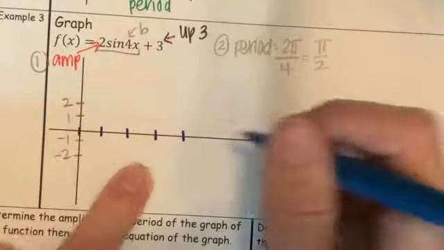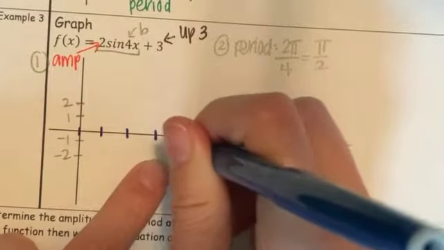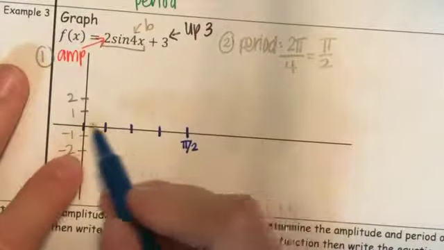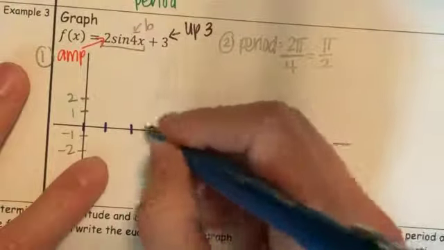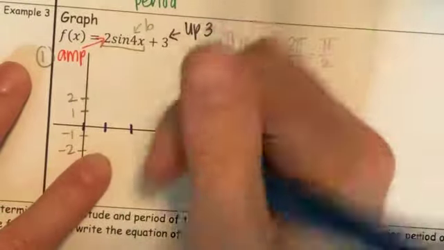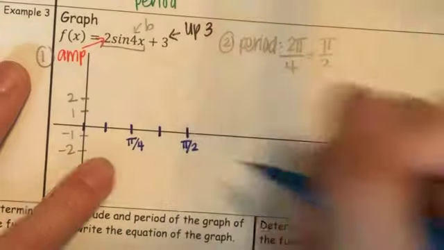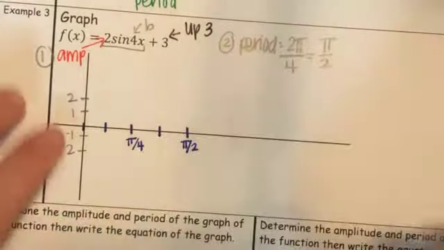This is the period, so I'm going to label pi over 2. I know it's hard to label these, so if you don't, it's not a big deal. I'm just going to do pi over 4 because I divided that by 2 and got this. And then just don't worry about labeling those.